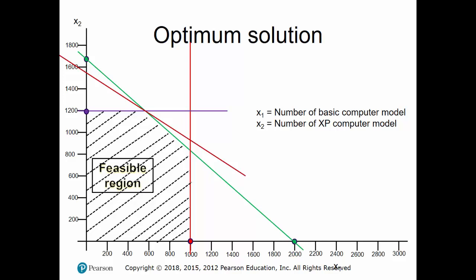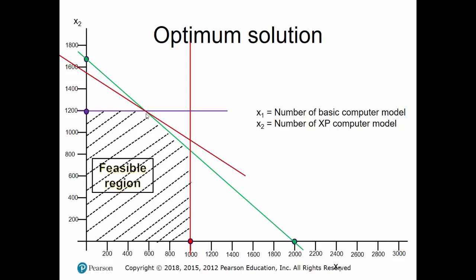Okay. But what happens is that when this feasible region expands, if it is within the range, the optimum point is going to go up a little bit, or if it contracts, it's going to go down a little bit. So when that happens, the profit is either going to increase or decrease.